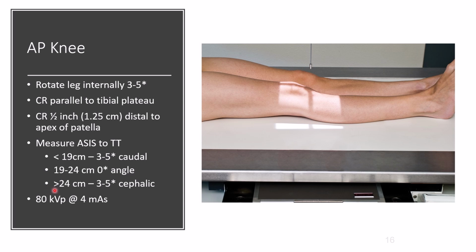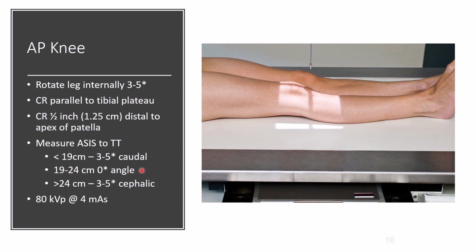And if they measure greater than 24 centimeters, then you are angling 3 to 5 degrees cephalic. So that would be a patient that's a little bit thicker in the thighs and in the butt cheeks. So thicker, 3 to 5 cephalic; tiny hiney, 3 to 5 caudal; average between 19 and 24, no angle on the tube.